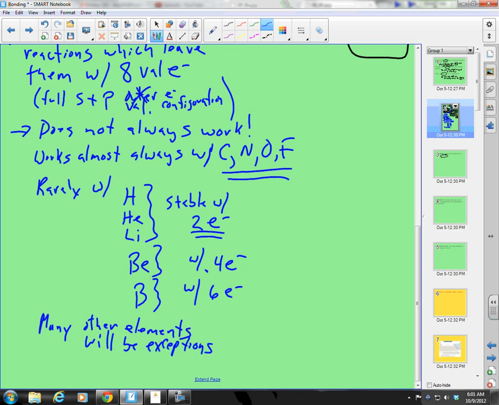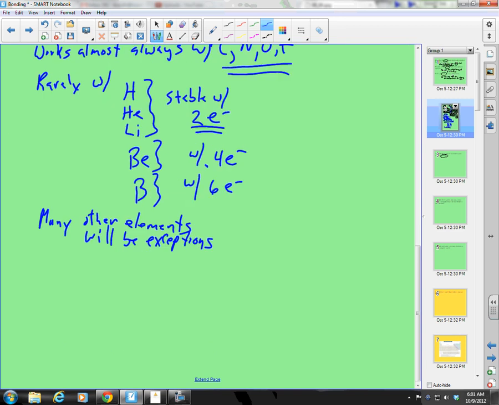Now, I'm not going to have you memorize any of these other exceptions, but just understand that, and by exceptions, let me be clear about this, other exceptions will be exceptions meaning more than 8 valence electrons.